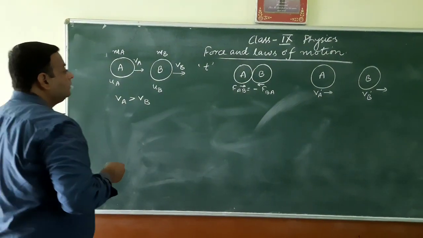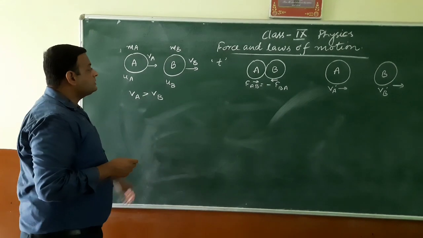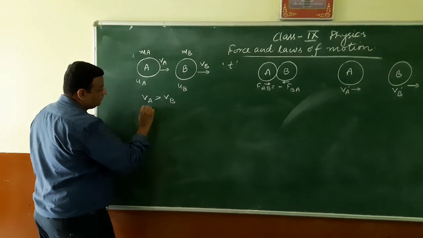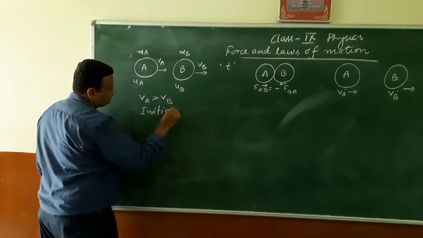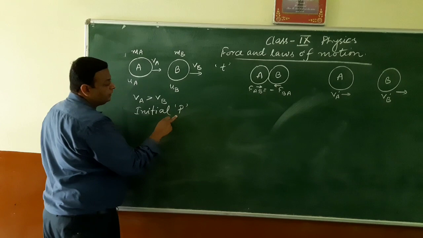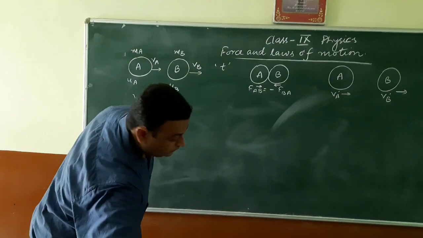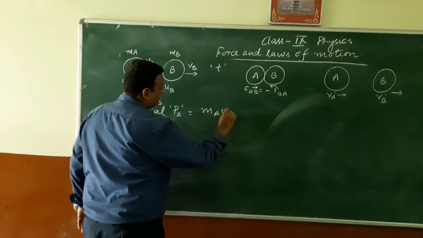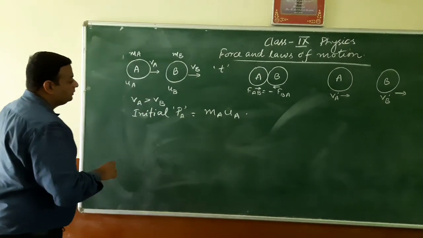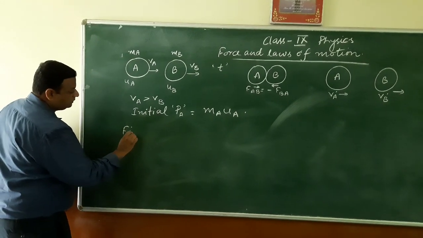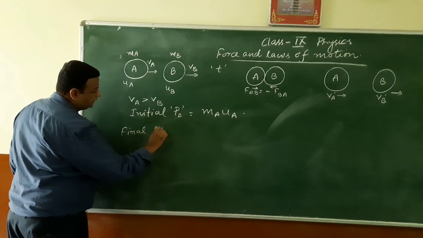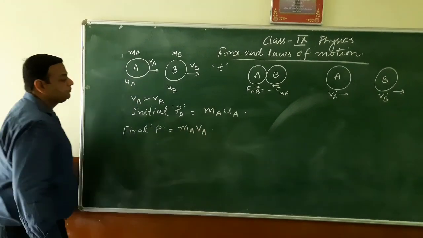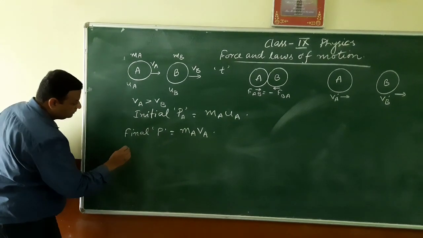Now, in this case, what will be the initial momentum of ball A? Momentum can be symbolized by the letter P. Initial momentum of ball A is equal to MA UA. Final momentum is equal to MA VA.